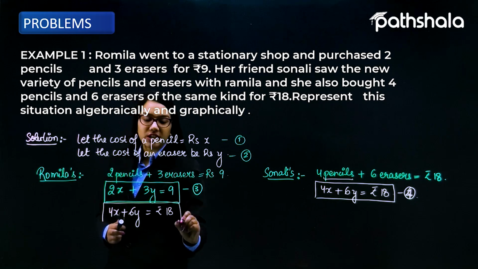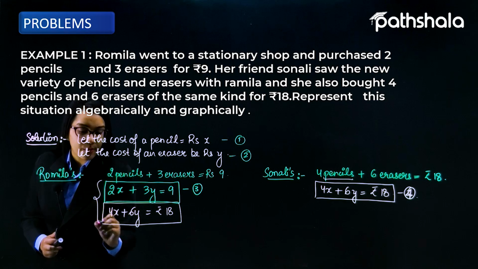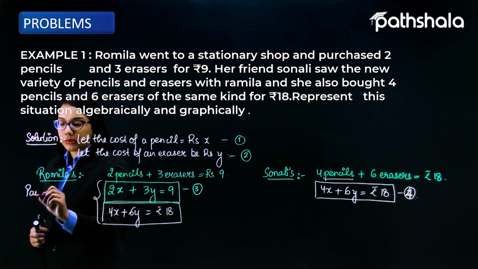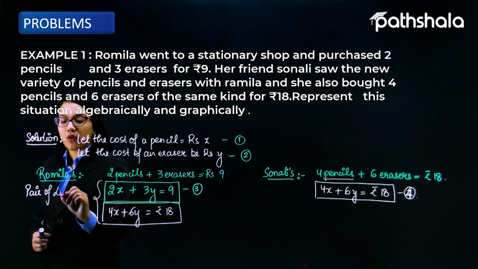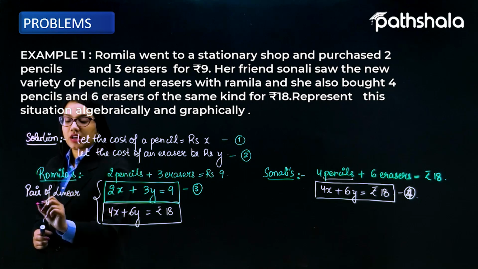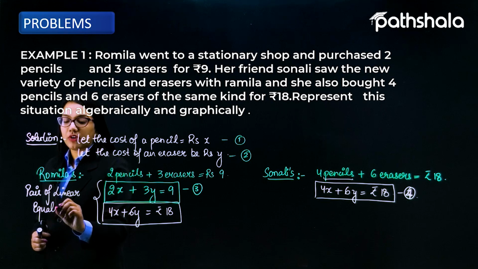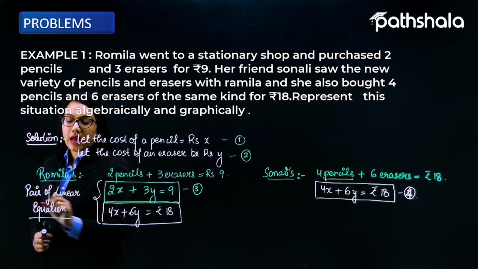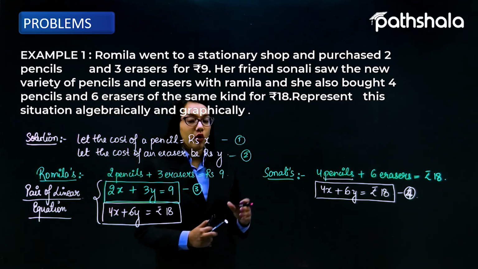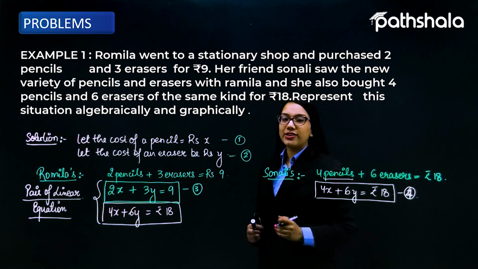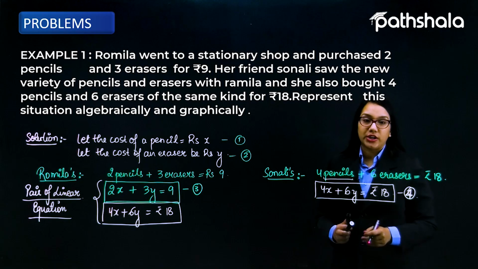Both equations taken simultaneously are called a pair of linear equations. This is the algebraic representation of the whole condition. Now let's see the graphical representation.